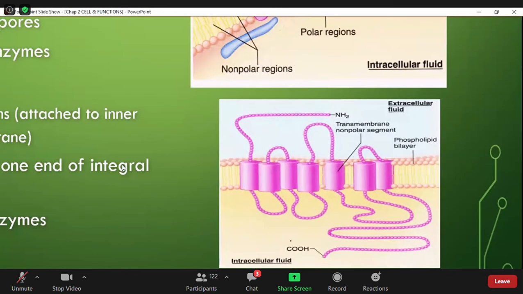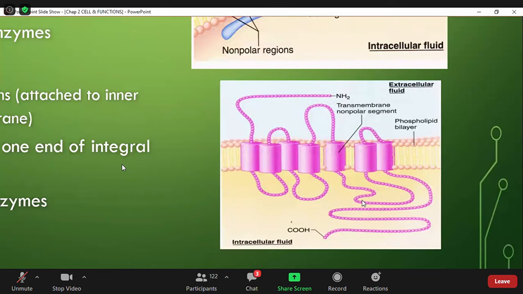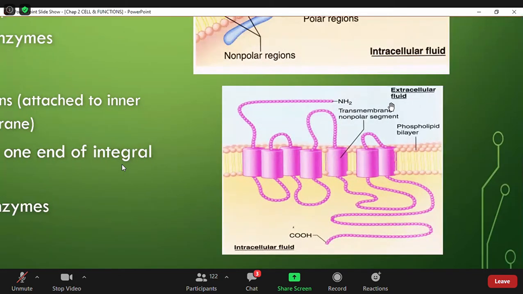This is your intracellular fluid, and this is your extracellular fluid. And this is your amino end and your carboxyl end. This is a transmembrane protein, okay? Traversing through the phospholipid layer.